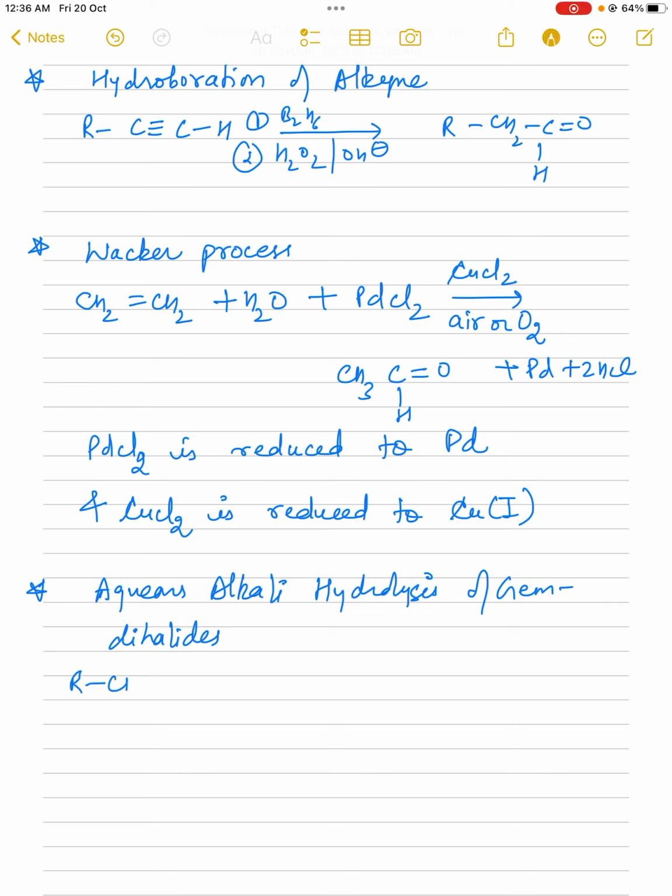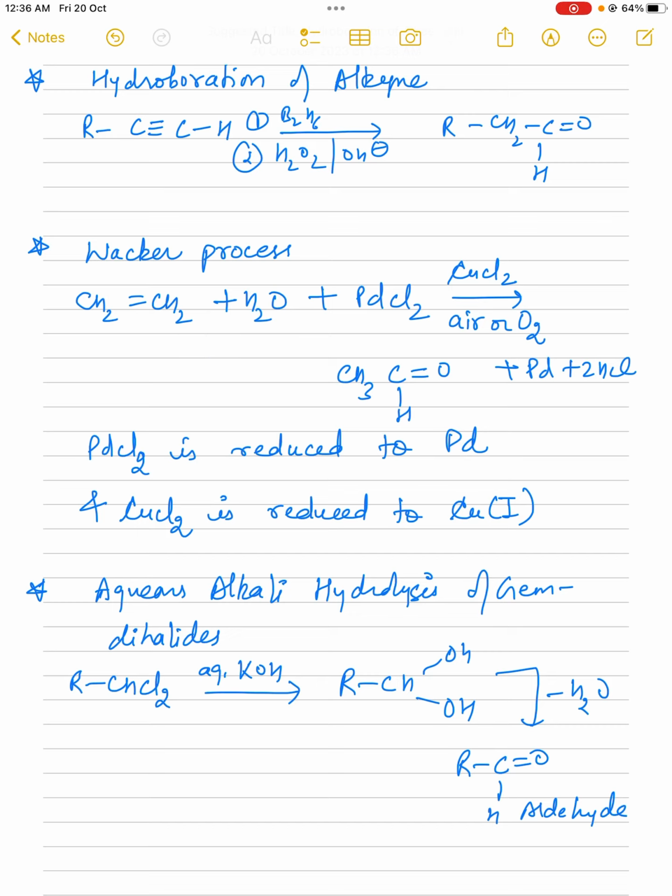Suppose we took this example RCHCl2 in presence of aqueous KOH, RCH(OH)2. This is the product we will get, and after dehydration, what we will get? We will end up with the aldehyde. This is the aldehyde group.